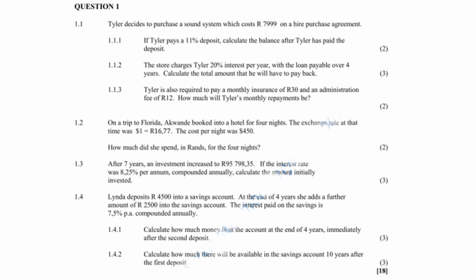So in this question, to calculate the amount initially invested, what formula are we going to use? Are we going to use the simple interest or the compound interest formula? Obviously, we will use the compound interest formula, which is A equal to the principal amount multiplied by 1 plus the interest to the power n.